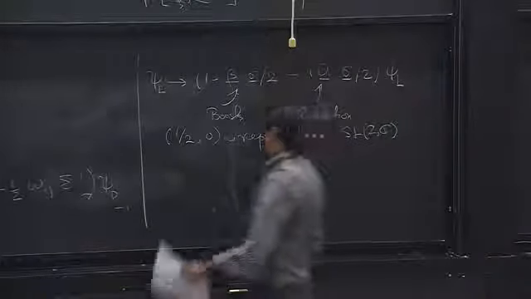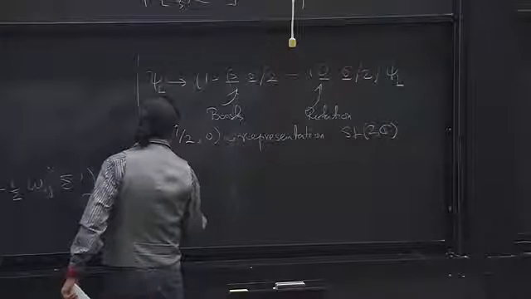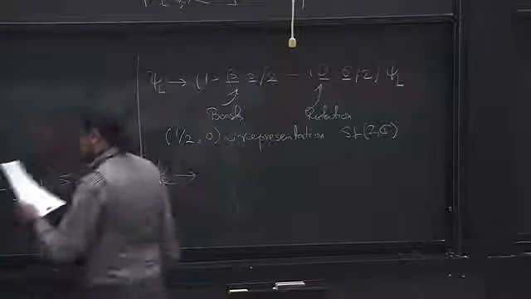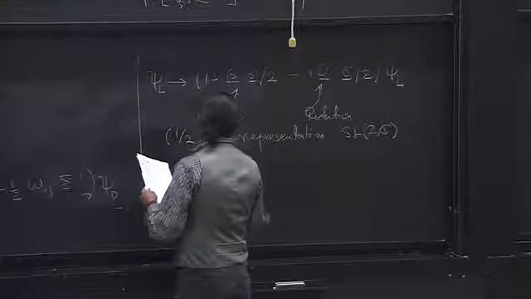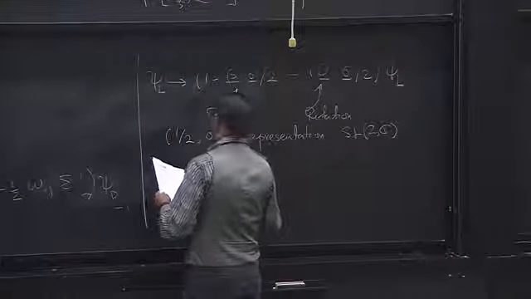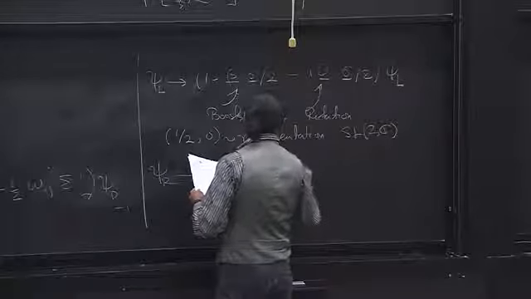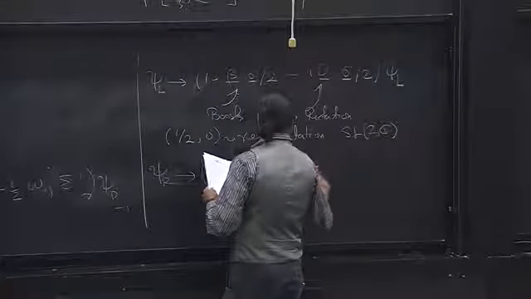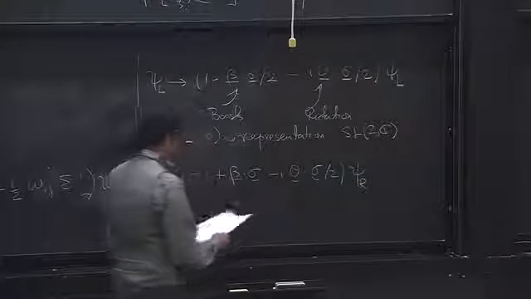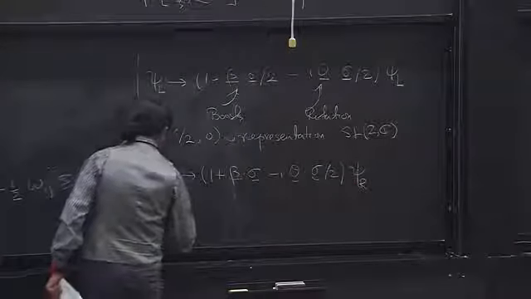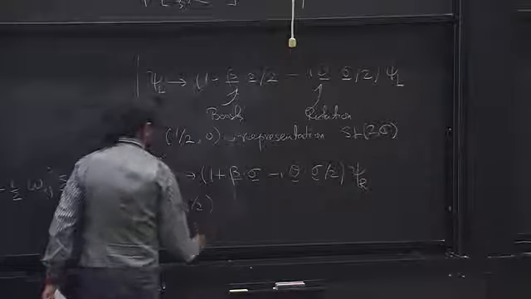So similarly, psi_R, just from this equation, you can show that this is 1 plus beta dot sigma/2, so this is the (0, 1/2) representation.